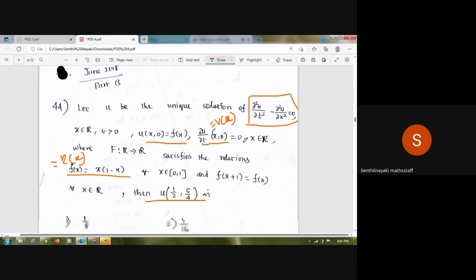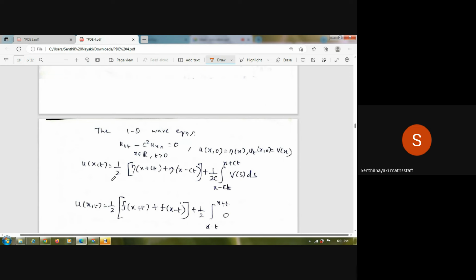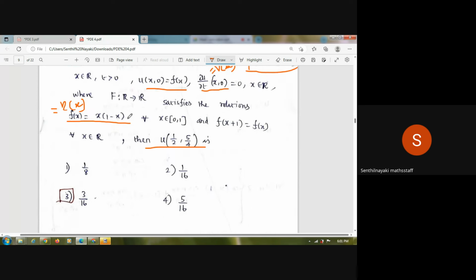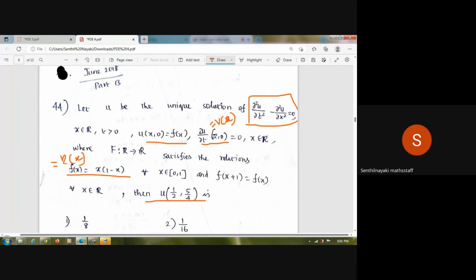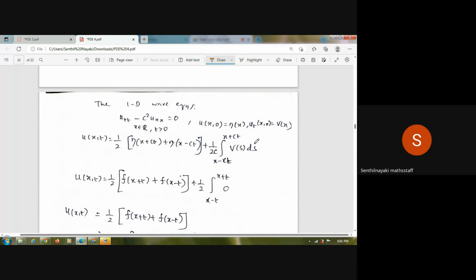Okay, the first term of this solution is called the D'Alembert solution: 1 by 2 eta of x plus ct plus eta of x minus ct. What about eta? Eta is u of x comma 0. So u of x comma 0, in this question they have given x into 1 minus x. We don't bother about v of x, that is, it is 0. So this integral term becomes 0. No need to find this one.